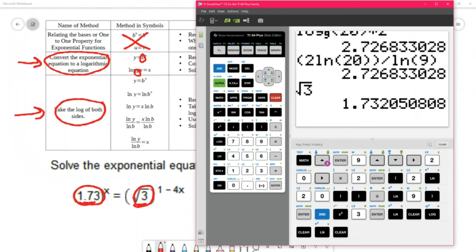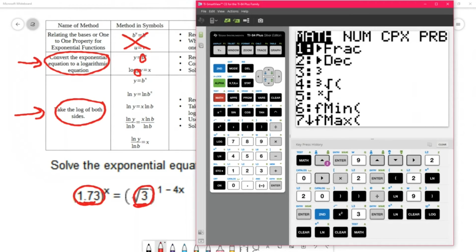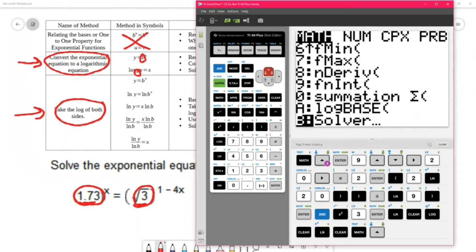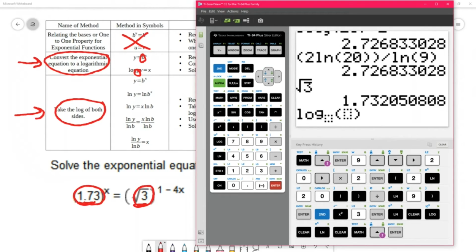You have to go into the math menu, and down at the bottom of the list, you have a log where you can specify the base. So I'm choosing to take the log of both sides so that when I get my answer, it's a little bit easier to type in my calculator to get the approximate value of the solution.